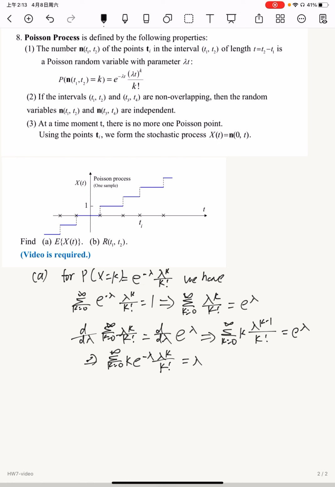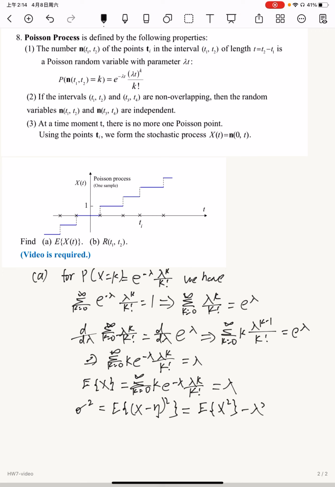So finally, we get the mean of x, which equals the sum from k equals 0 to infinity of k e to the minus lambda, lambda to the k over k factorial, which equals lambda. And then sigma squared, which equals the mean of (x minus eta) squared, which equals the mean of x squared minus lambda squared.